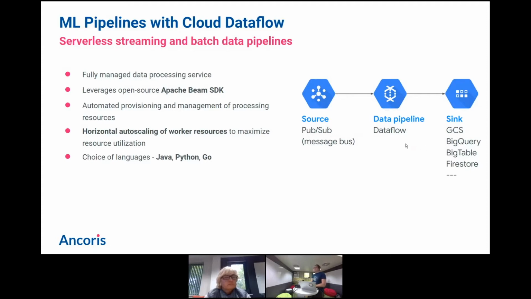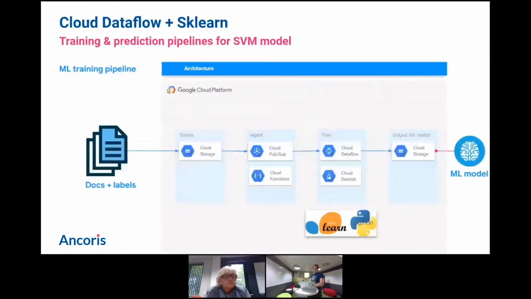So in this example, because we were streaming documents, we were streaming those into Google Cloud Storage. It's fully managed. I won't go into too much detail on this, but basically it's fully managed, and it's based on the open source Apache Beam SDK. So once we trained that model in Python, I've written the code to do that.